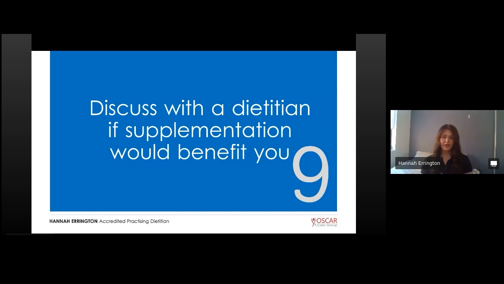As we talked about, everybody's gut microbiome is so different, and it's not just dependent on what you eat, it's the environments that you're in and every other aspect of your life that's going to impact your gut health. So make sure that if you are taking any supplements, they are specifically tailored to you and your needs so you can get the most benefit from them.